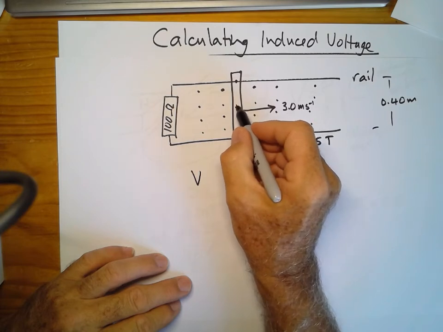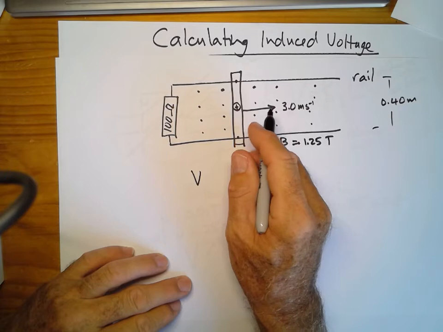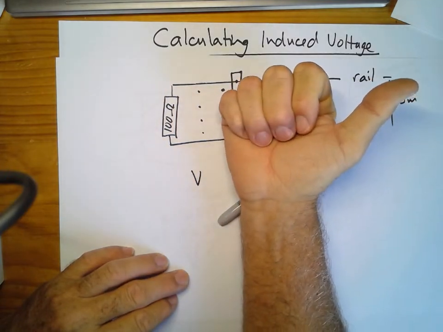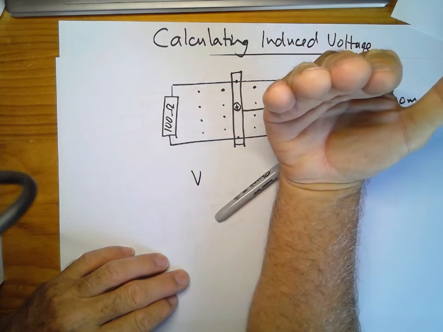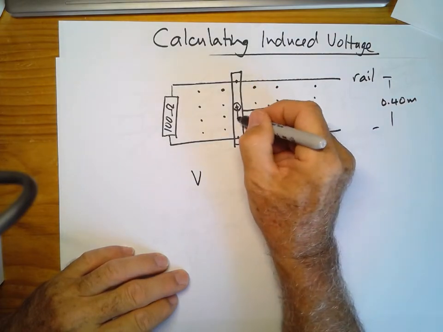Imagine little positive charges inside this conductor. Moving to the right is equivalent to conventional current this way. The magnetic field is up, so right hand slap roll, the positive charges are experiencing a force this way.